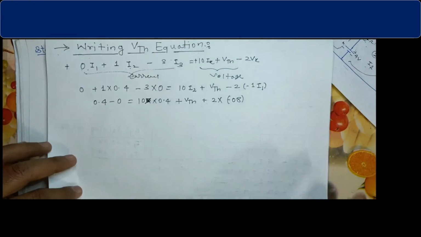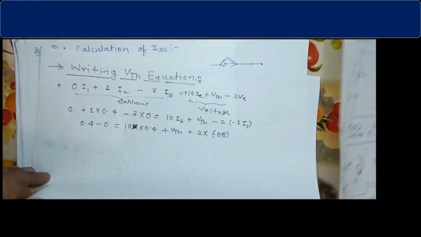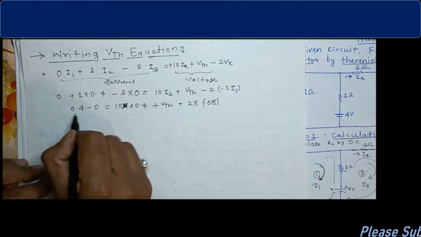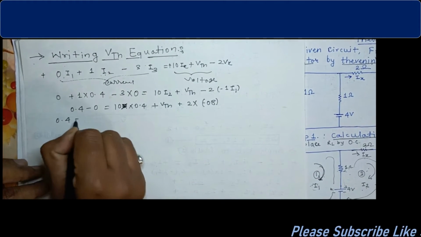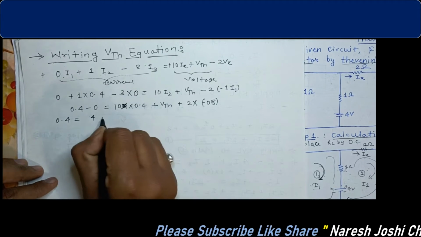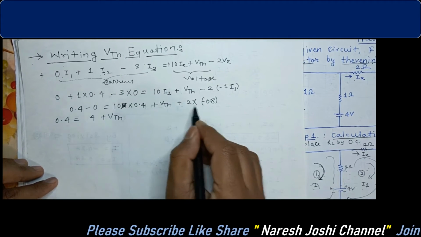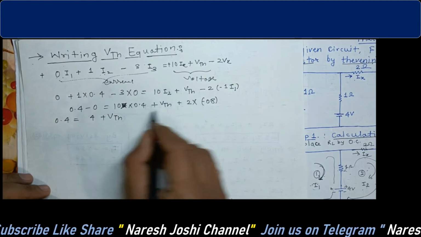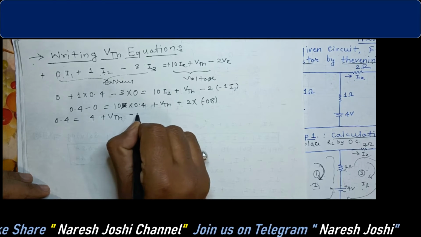Now we have to simplify it. This is 10 into 0.4, which becomes 4, and then plus VTH, and this is 2 into 0.8, so it becomes minus 1.6.